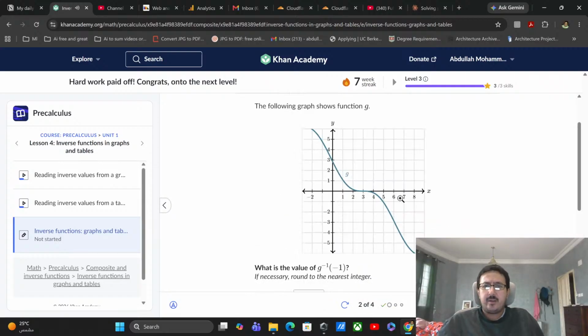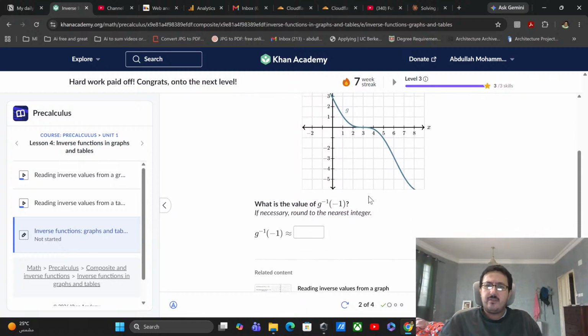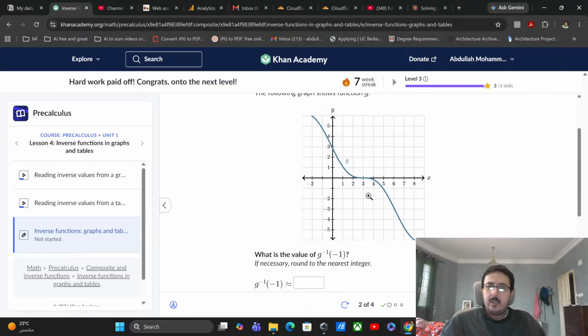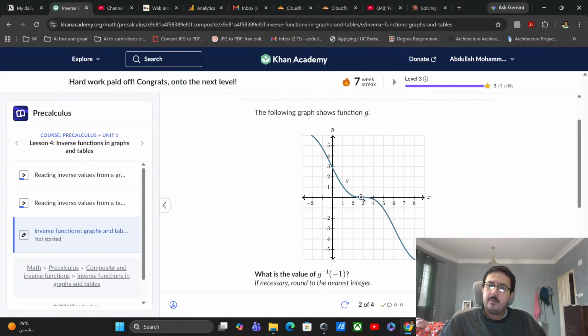Check the other graphs. The following graph shows a function. What's the value of the inverse at minus 1? Okay, hold on. Again, what do I have?